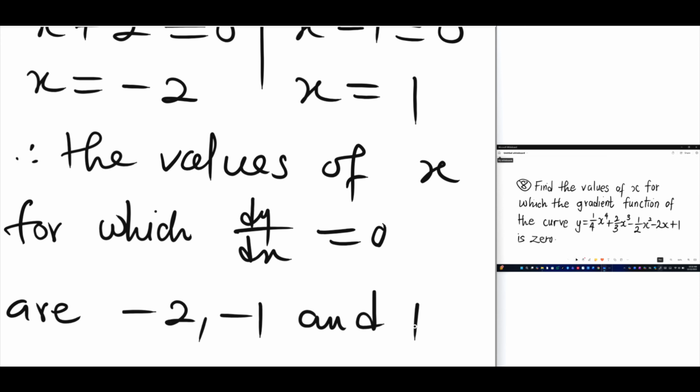That is, you are going to solve the equation to get the x value, or you are going to find the roots or the zeros to get the x values. So when you are done, you just conclude that the values of x for which dy dx is equal to 0 are, then write the values of x or the zeros of x that you have obtained from solving the equation.